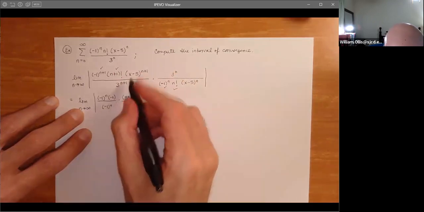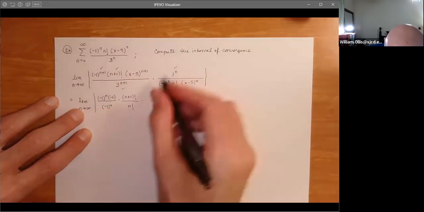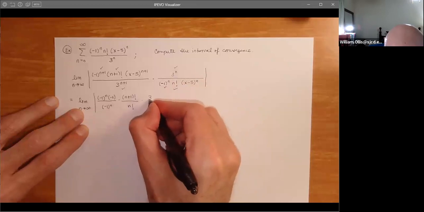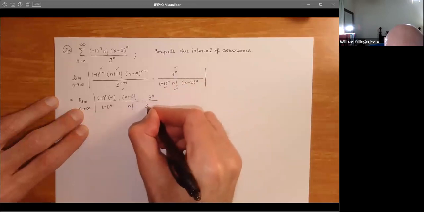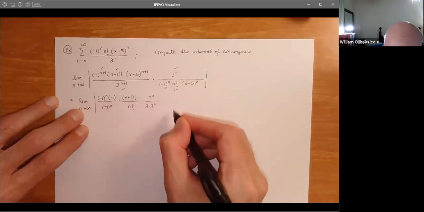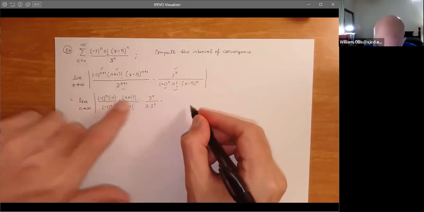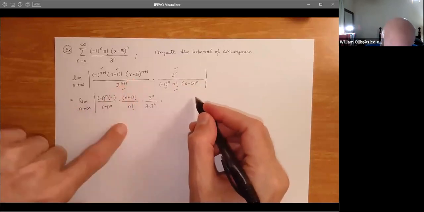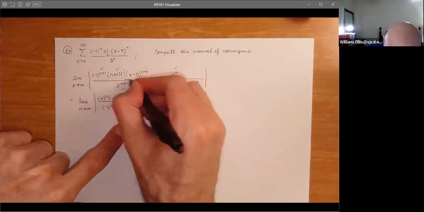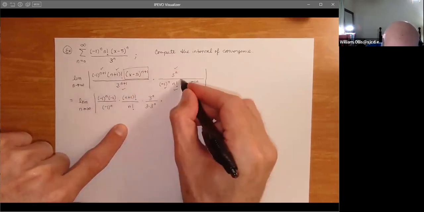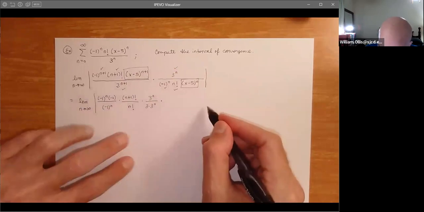And then we've got the powers of 3: 3 to the n, 3 times 3 to the n, laws of exponents. And then with the powers here, that's the easiest thing. All will absorb except for one power of the x minus 5.